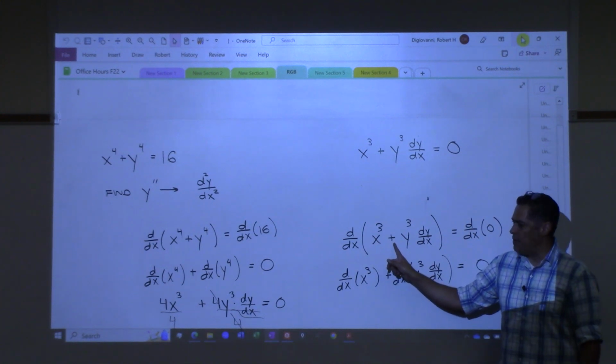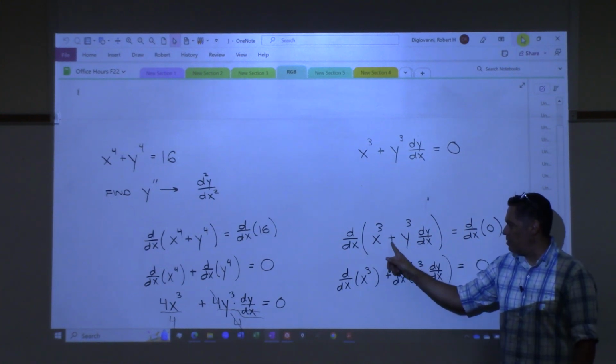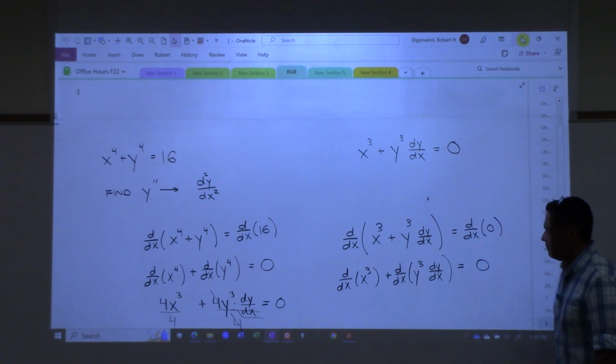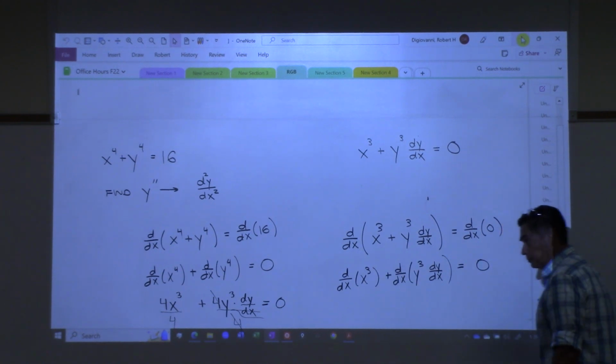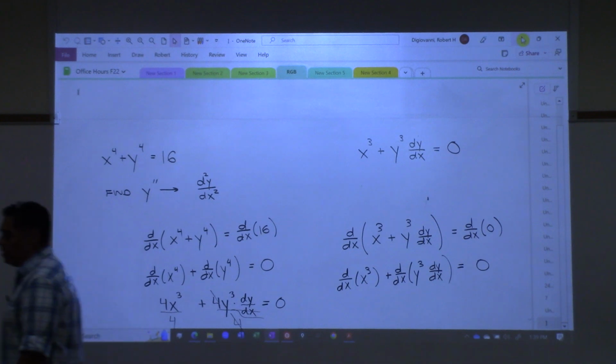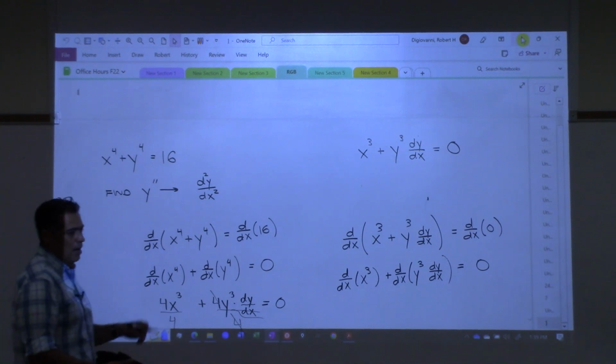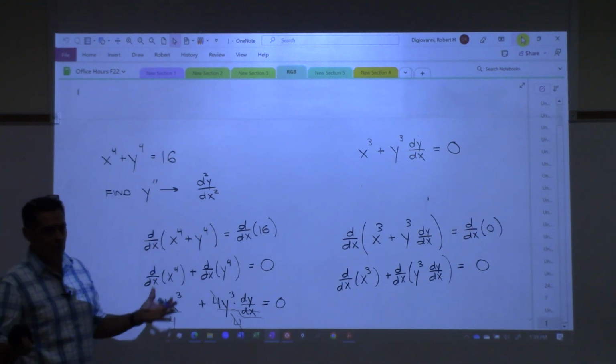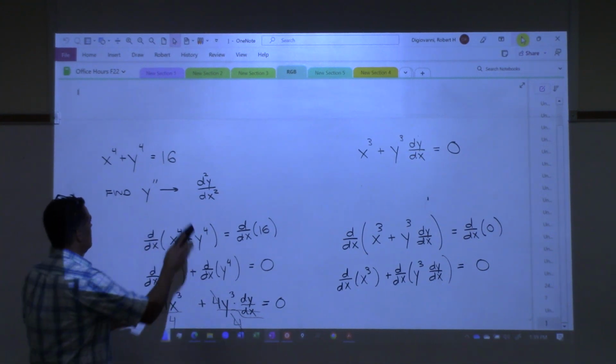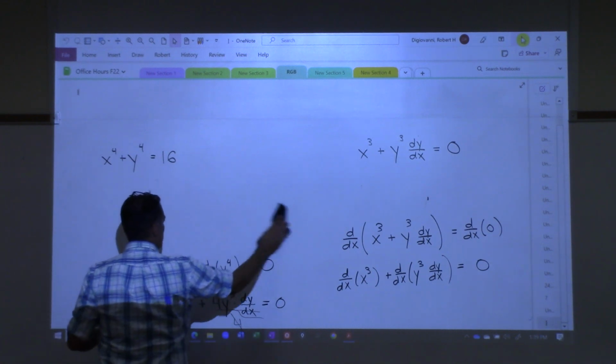But I'm just being clear. These are 2 terms. I've got addition. I can do the derivative of each one. Now, the one on the left becomes what? 3x squared. That's it, right? 3x squared dx dx, but we're not going to put the dx dx. All right? Let me leave that right there.